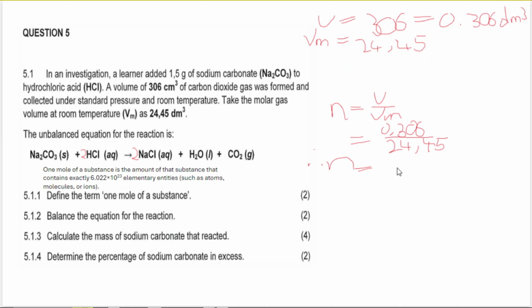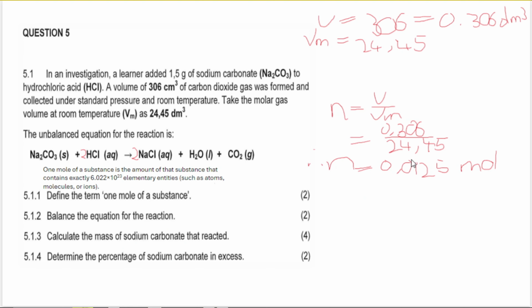So it's safer to round off to the nearest 4 decimal places. So that's going to be 0,0125. And remember, the unit of number of moles is just mole. So it's 0,0125 moles, okay?